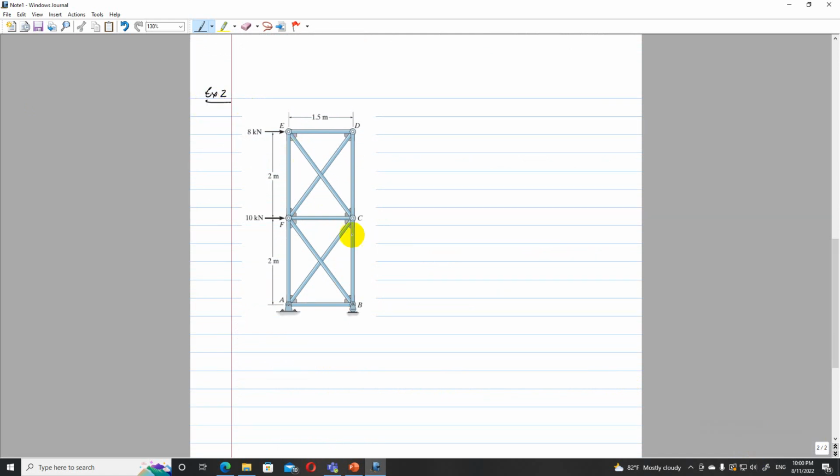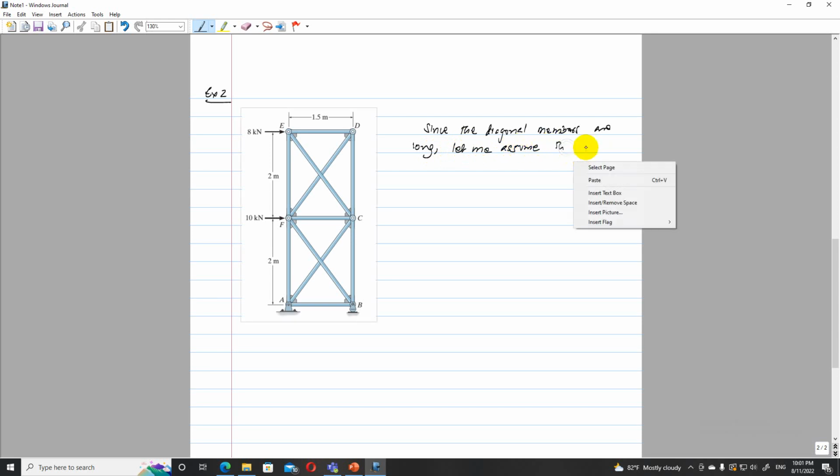So since these members are long and look slender to me, since the diagonal members are long, let me assume they cannot carry compressive forces.